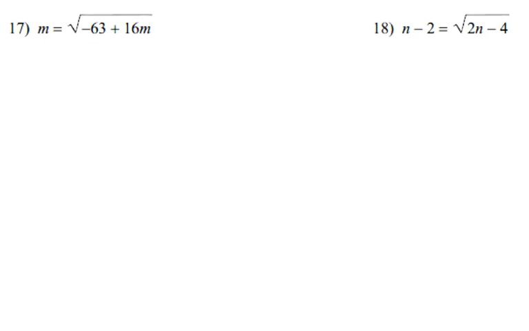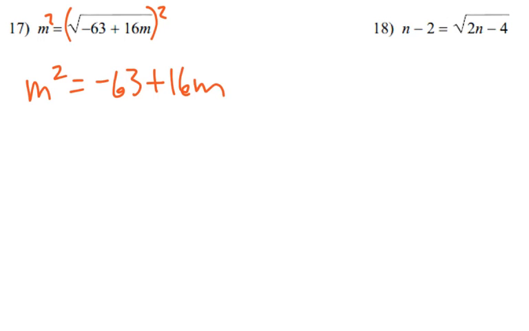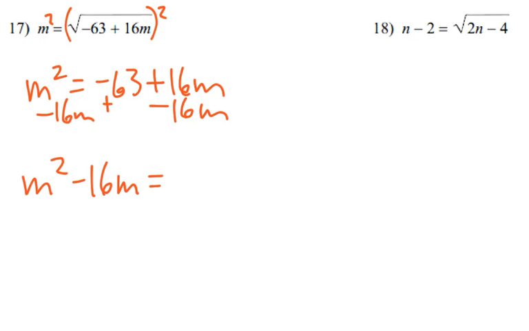Okay. Now we keep doing it. Even though we've got a variable, we still square. So we get m squared equals negative 63 plus 16m. So we get everything on the same side. Subtract 16m. Get m squared minus 16m, add 63, so it'll be plus 63 equals 0.